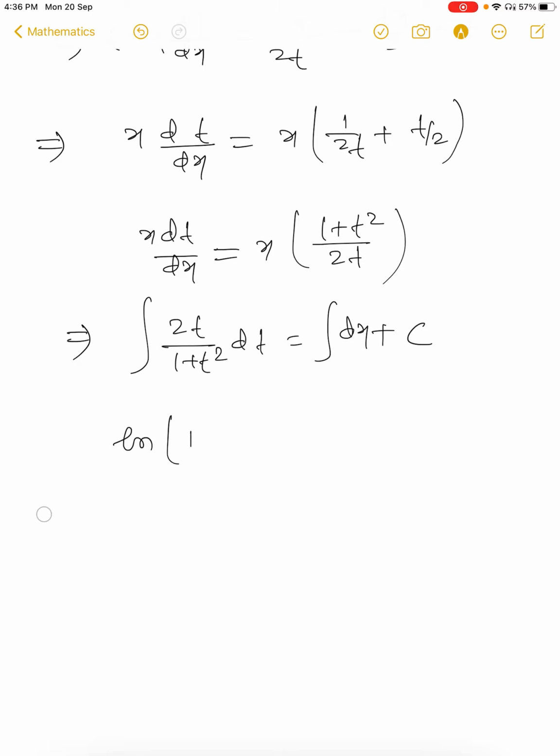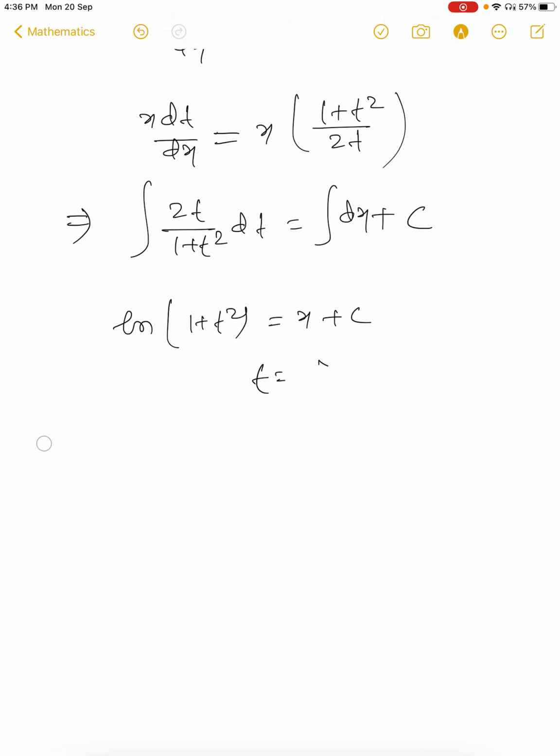So ln(1 plus t²) equals ln x plus c. Now put t is equal to y/x, so ln(1 plus y²/x²) equals ln x plus c.